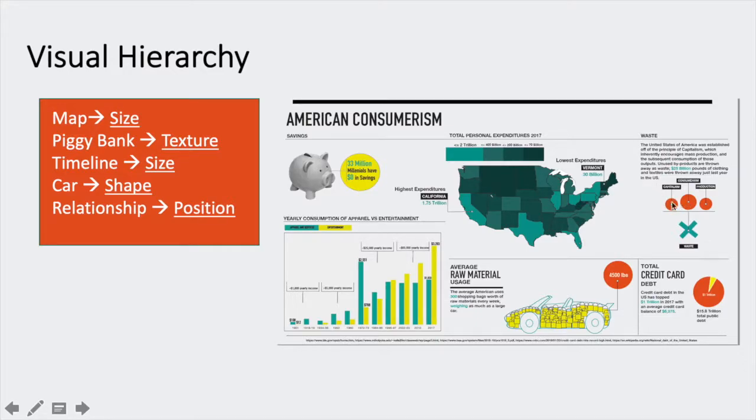So I think that by making these larger and making these smaller and positioning these in such a way to draw relationships, it made my graphic easier to read in terms of flow.